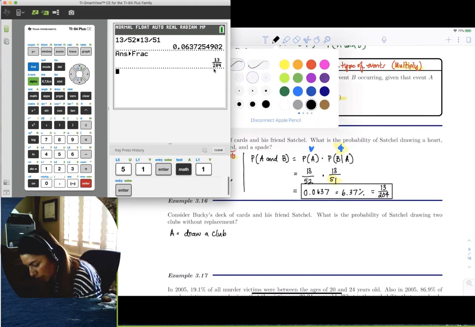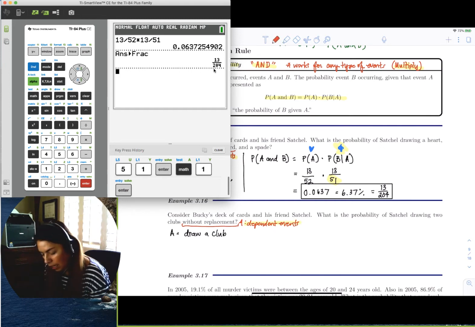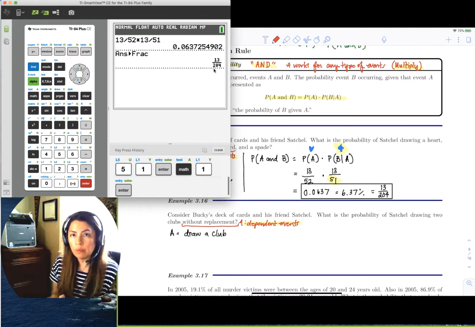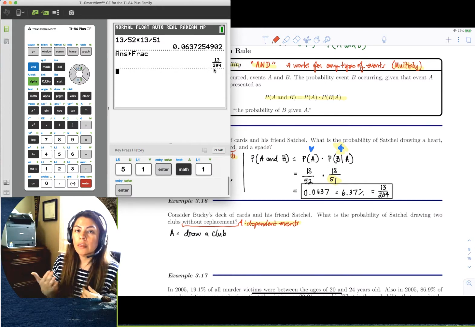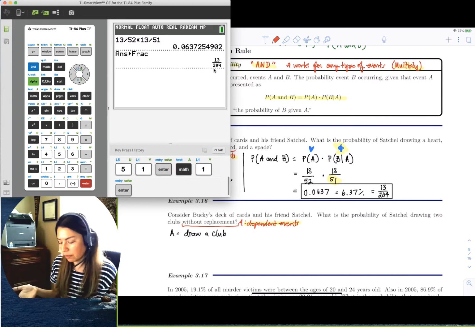And once again, we see the words without replacement, and that's our red flag to tell us that we have dependent events. Now, when we have dependent events, remember what this means. This means that the second probability will be different than the first, right? Something happens in the first event which will change the following event.